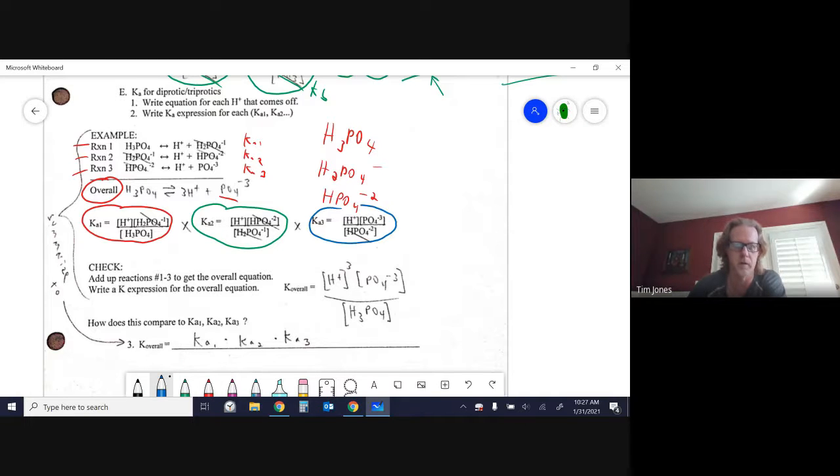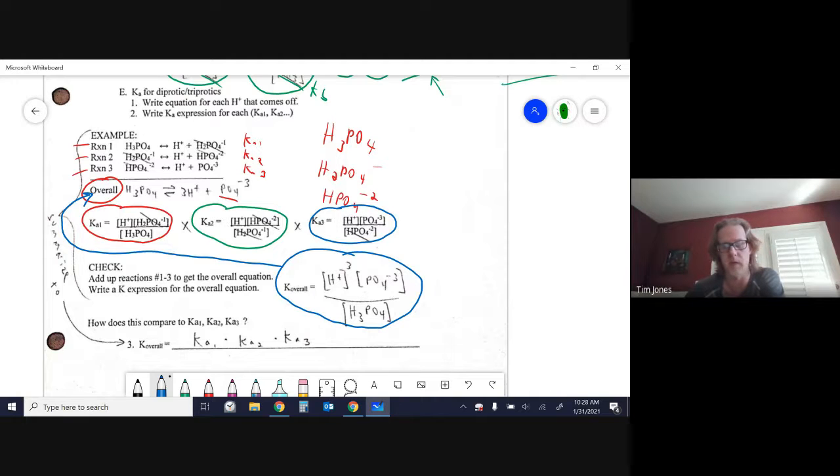And you'll find if we want to get K for the overall equation, in other words, it's matching this one right here. The only way to get the 3 individual Ks, Ka1, Ka2, and Ka3, to match up is to multiply them. So I've multiplied all 3 of these.